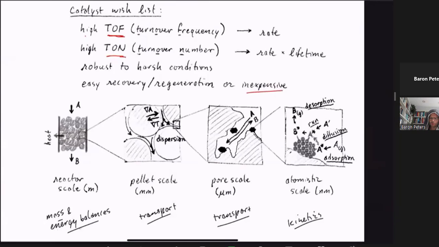If we zoom in even further and we look at these catalyst pellets, these things are maybe on the order of millimeters, but now we're going to zoom in to the micrometer scale. We would see that the pellets are typically highly porous. And really, when you look at the pellet, you're mostly seeing the support.